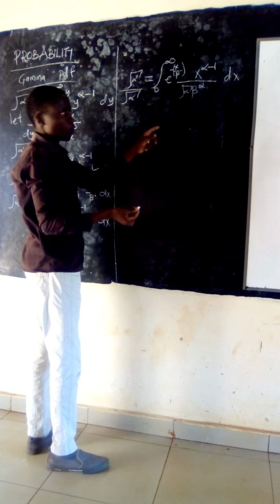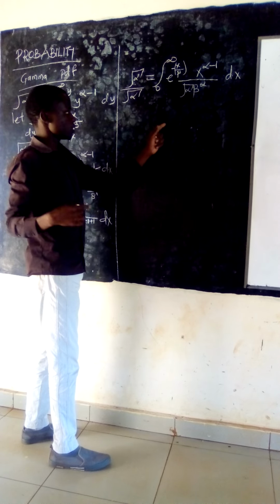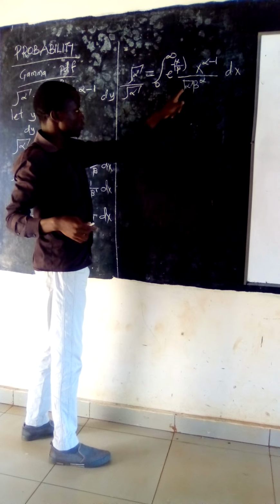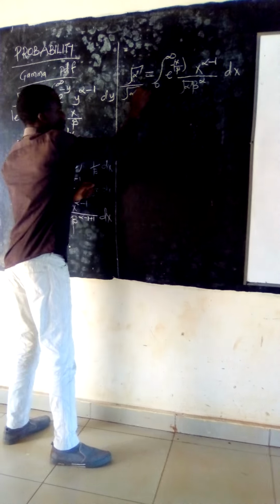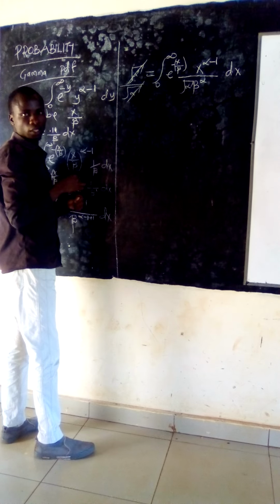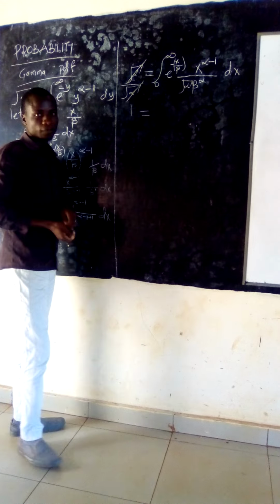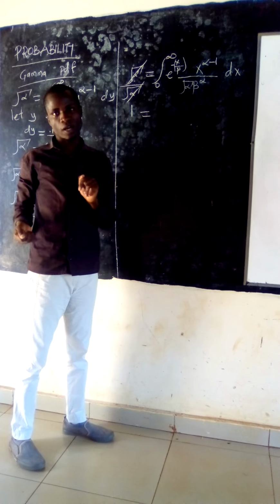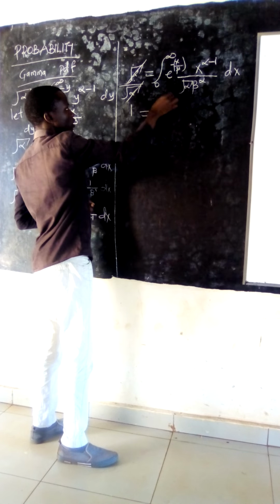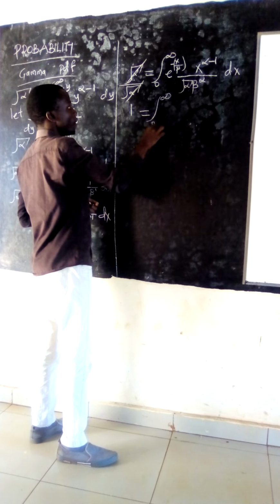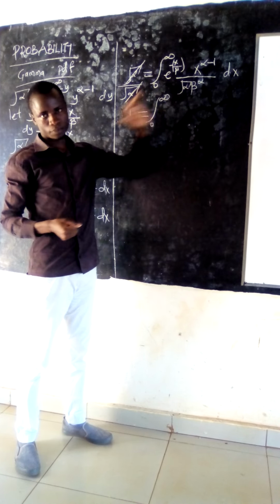When I divide this side by gamma of alpha, it is the same as putting gamma of alpha at the denominator side, whereby this one will cancel the other, and we will end up having 1 being equal to, after that, just write the remaining function. So I'll say that it is an integral from 0 to infinity. There are many ways of writing this.